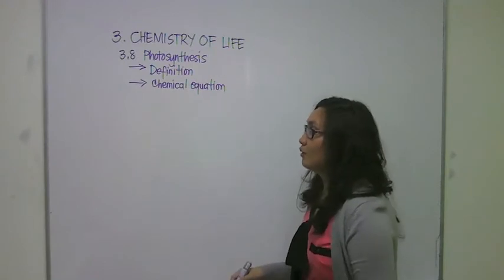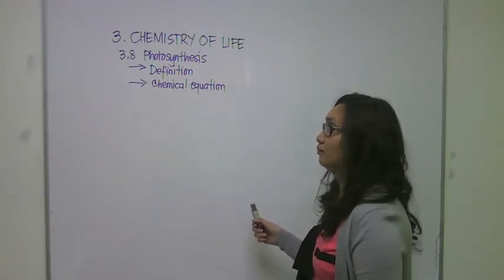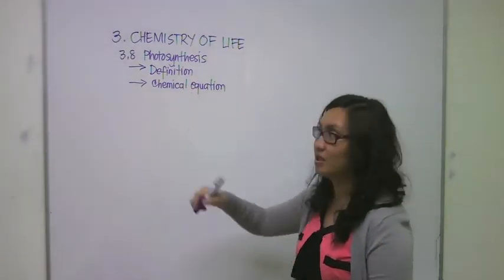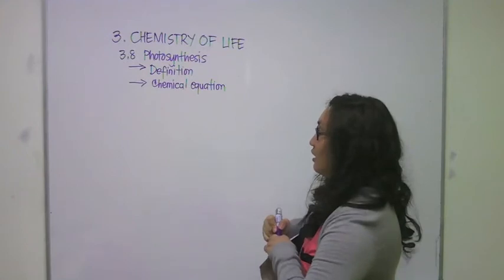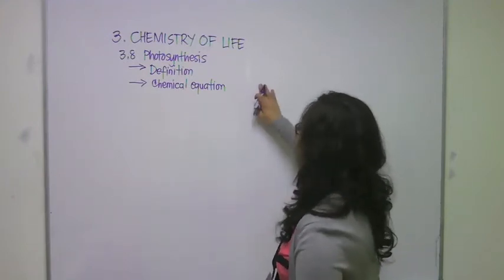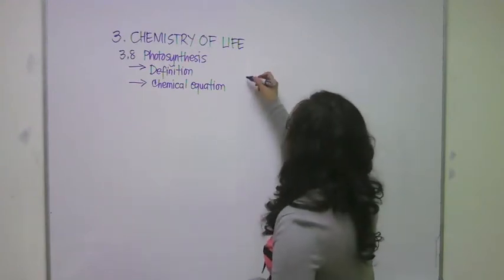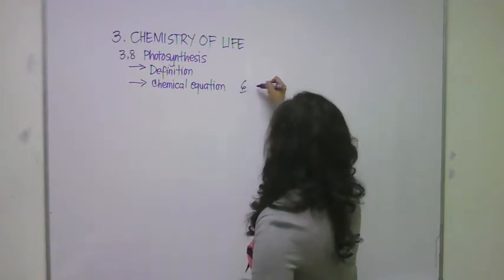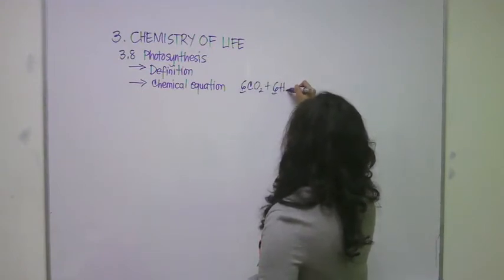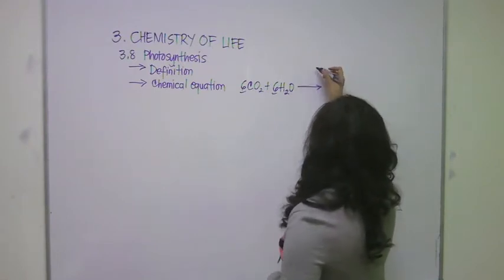Okay, so it is more helpful to define what the process is if we include the chemical reaction. So, the chemical equation. The chemical equation for this is actually complementary to what is present in cell respiration. So this time we use carbon dioxide and water as raw materials.